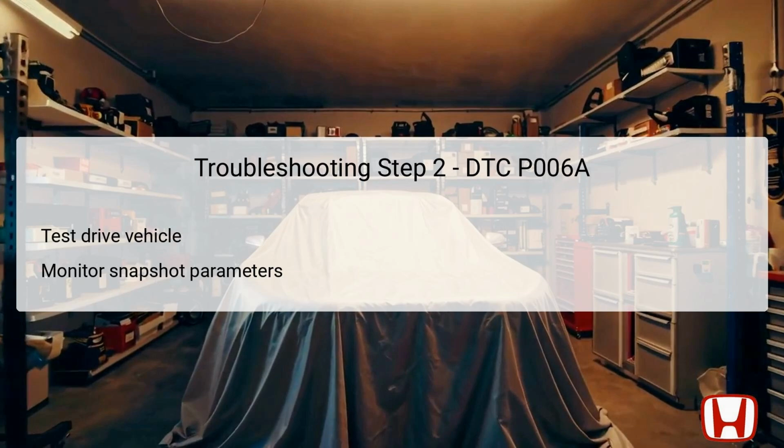These data points collectively provide critical insight into how well the MAF sensor is operating in unison with the MAP sensor. Following this, it is imperative to check the Honda Diagnostics System, HDS, for any DTCs, particularly for P006A.